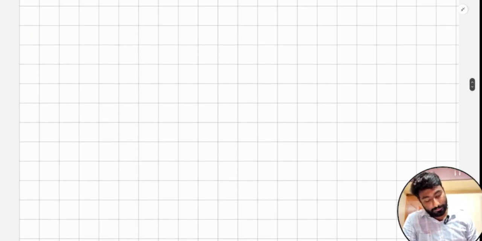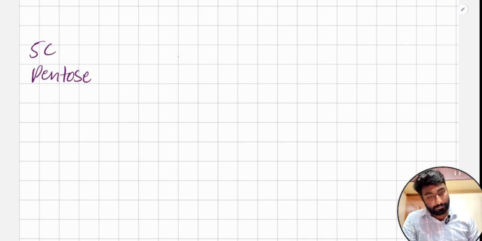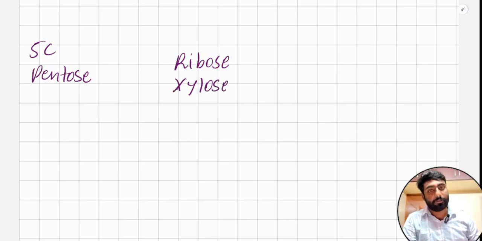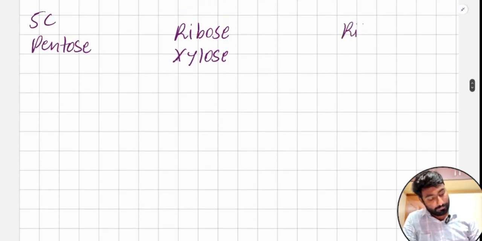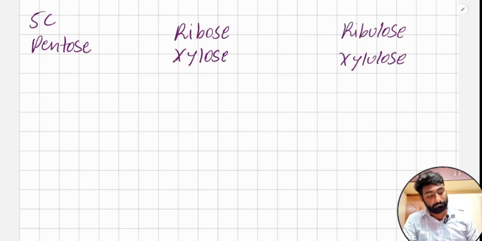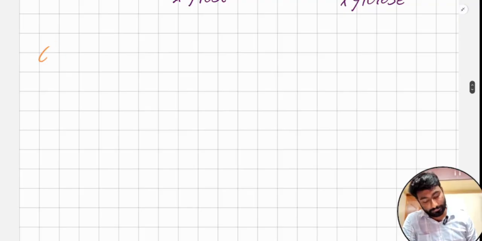And 5 carbon, pentoses. Aldehyde, it is ribose and xylose. And ketose, it is ribulose and xylulose. 6 carbon, as you know, are called hexoses.